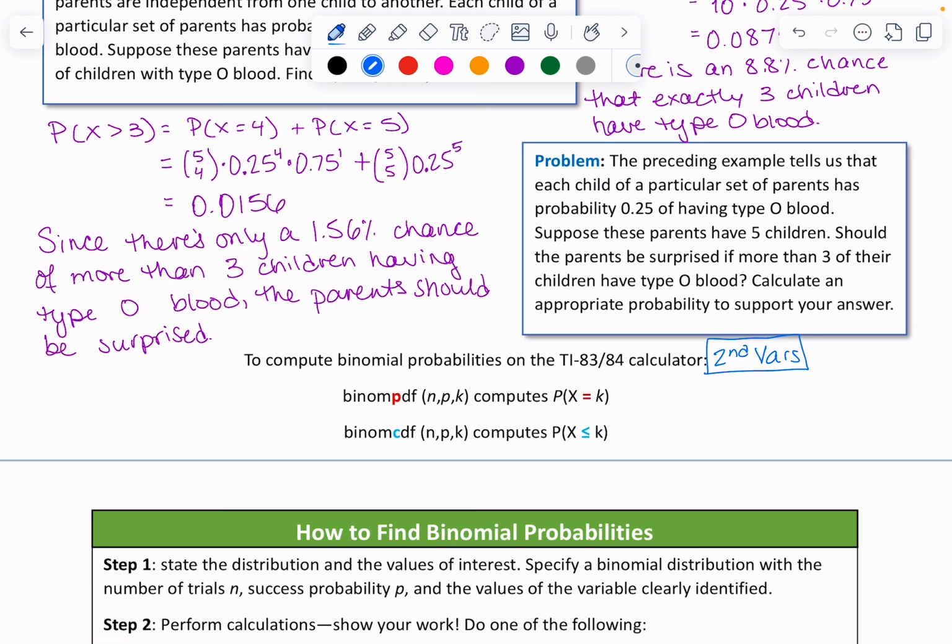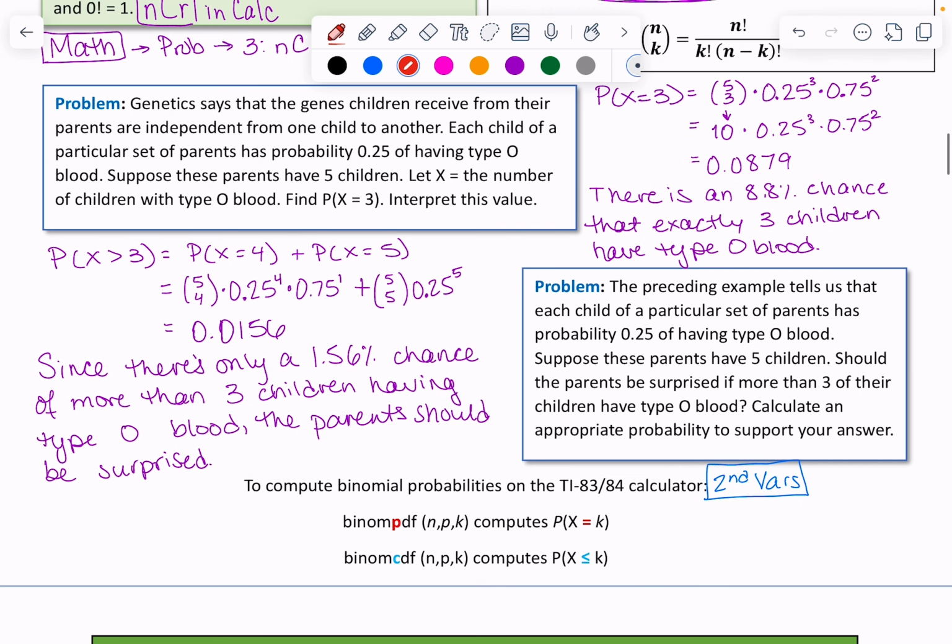It's like options A and B. You have binomial PDF, like this example we just did. You would use binomial PDF for that, because we have an exact amount, equals 3. So P is for precise. So we use binomial PDF for an equal sign.